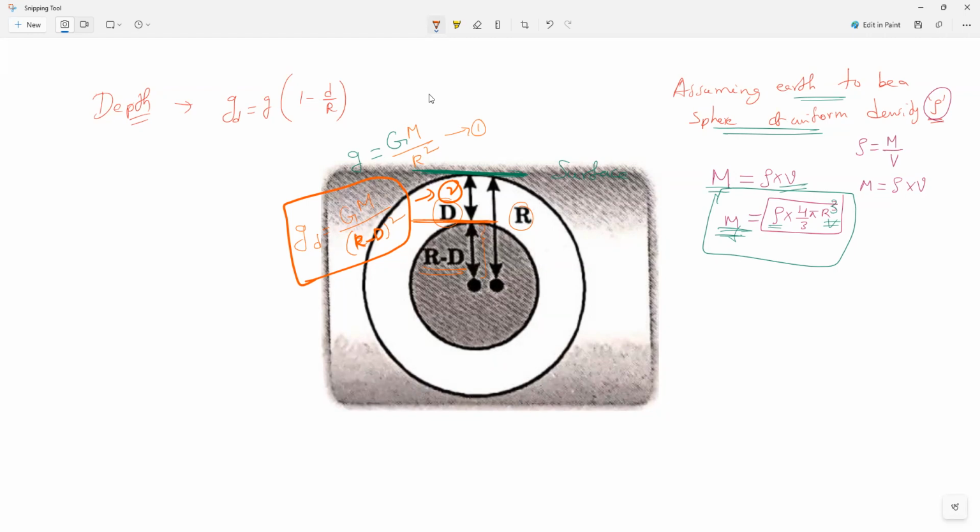First substitute the M value in both equations. In the first equation, g is equal to capital G into, what is the M value? 4/3 pi r cube. Those who do not have interest, you can leave. I don't have any problem. If you are interested, you can study or respond.